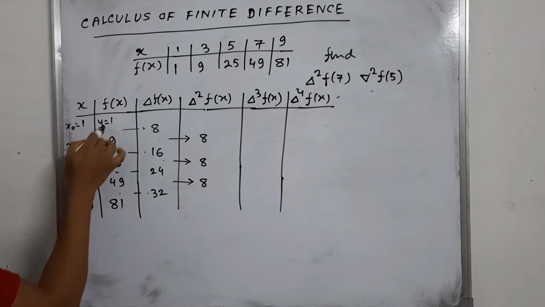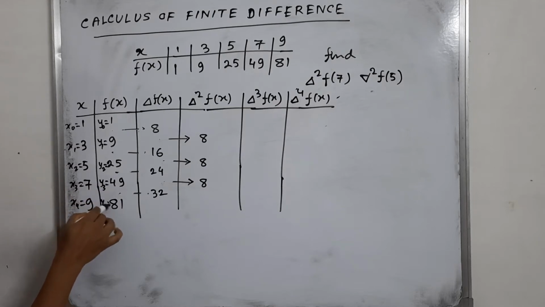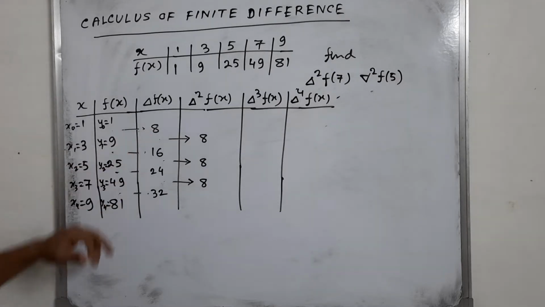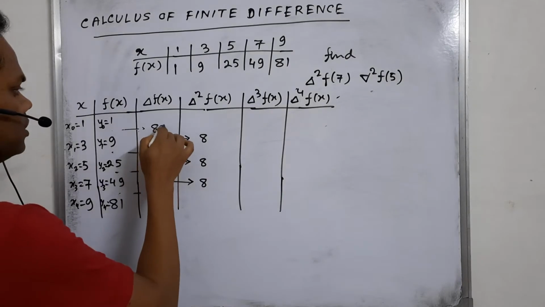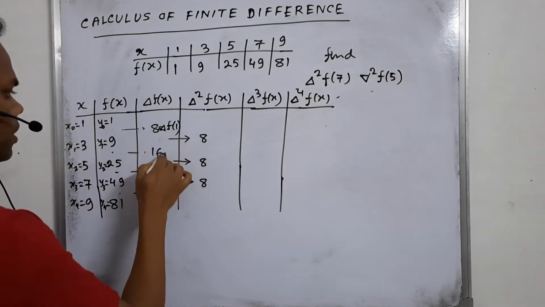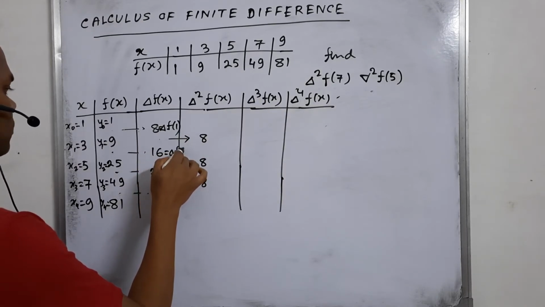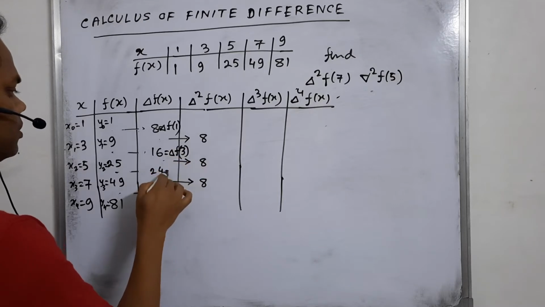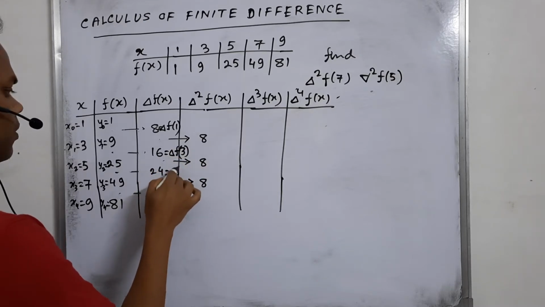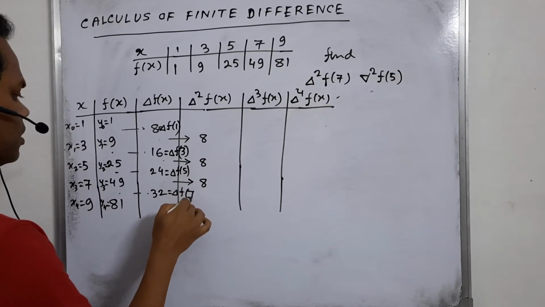Similarly, this one is y naught, y1, y2, y3, and this one is y4. Now this one is delta f(x naught), that is delta f of 1. This one is delta f of 3. This one is delta f of 5. This one is delta f of 7.